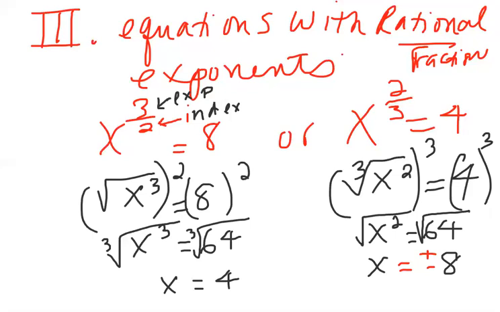So guys, what just happened? One of these equations produced a single solution, while the other one produced a compound solution. So the question is, how do we know which one of these equations with rational exponents will produce a single solution or a compound solution? Well, the bottom line is this, guys. You have to look at the numerator of the fractions.